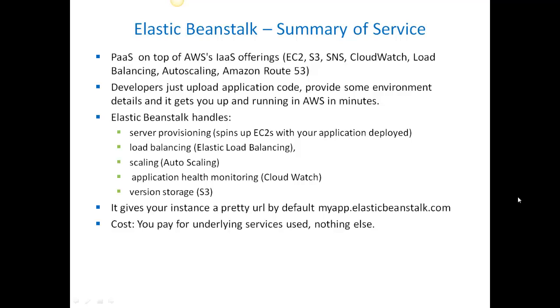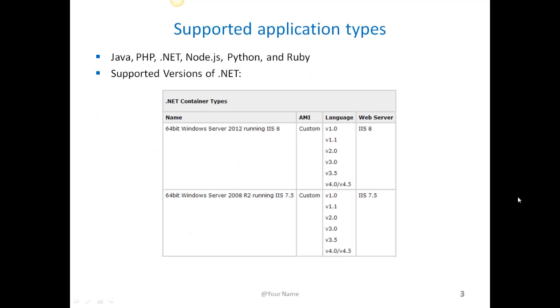It also gives you a pretty URL by default, and then they charge you just for the underlying services that you use. The application types that it supports are Java, PHP, .NET, Node.js, Python, Ruby, and here are the details for .NET because that's what I was focusing on for my project. So there are a couple of server versions, IIS versions, and language runtime.